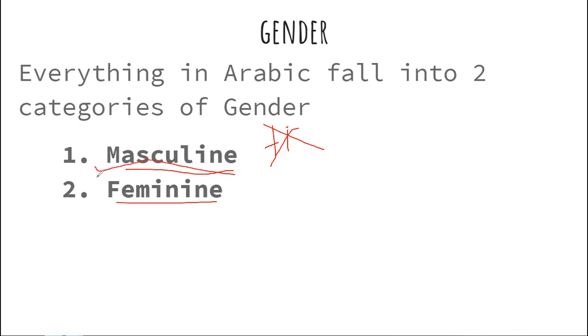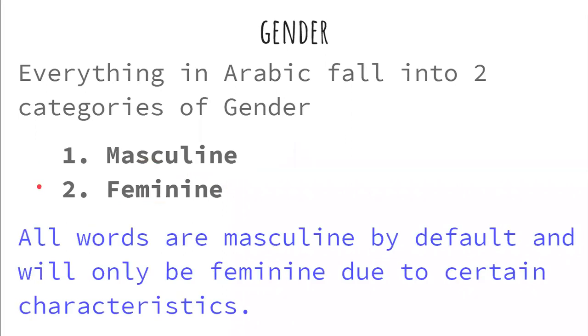Or can we just study one category, and if a word doesn't fit that category, it must be the other one, right? To make our study easier, we're going to study only one category, and if the word doesn't fit this category, it belongs to the other category. And more interestingly, every word is masculine by default.